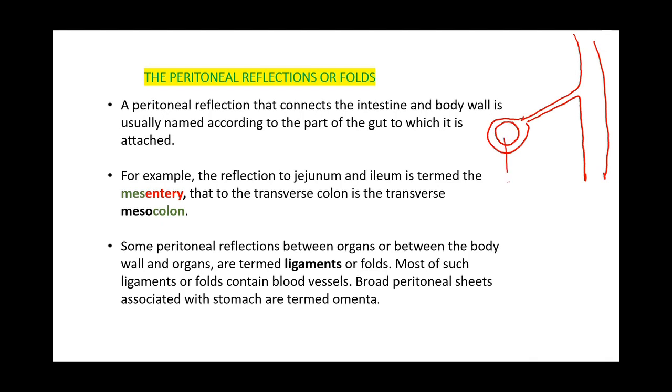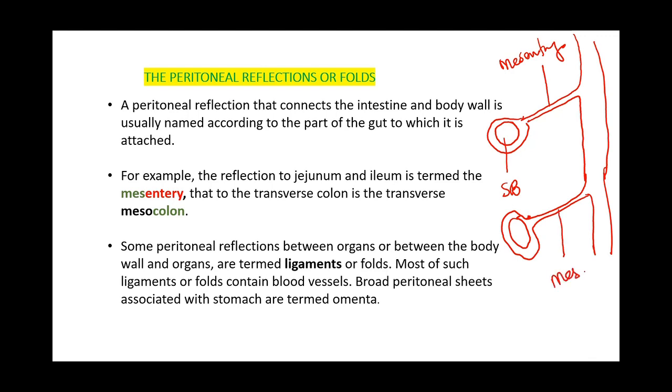If this is the small bowel, this attachment now, or fold or reflection, is termed mesentery. If you have parietal peritoneum encircling the colon, this is called the mesocolon.